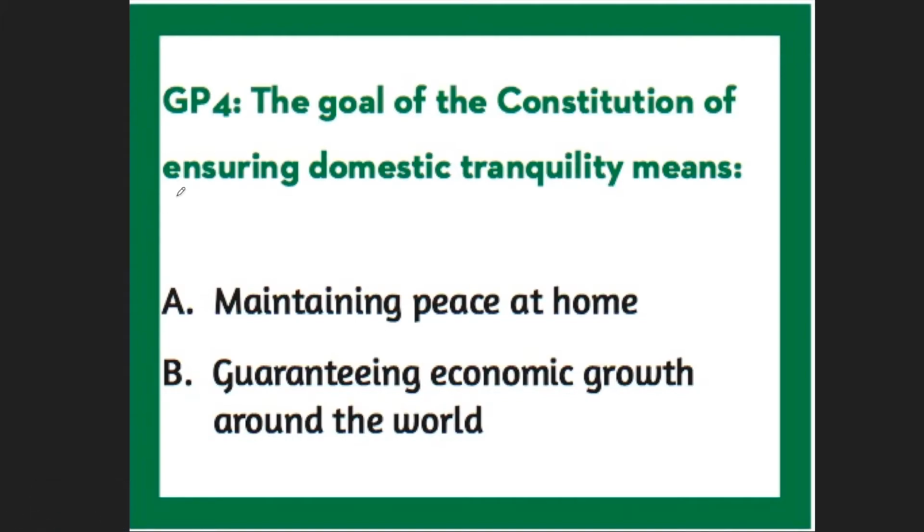So again, the question is, the goal of the Constitution of ensuring domestic tranquility means A. Maintaining peace at home, or B. Guaranteeing economic growth around the world. Okay, I'm going to give you guys a moment.